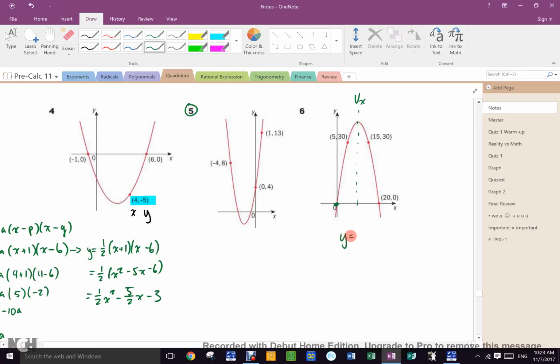So again, that would be y equals a, x minus 0, and x minus 20, right? Right? Okay. So y equals a x times x minus 20, yeah? Everyone cool? And then I would work from there. Can I leave it there?